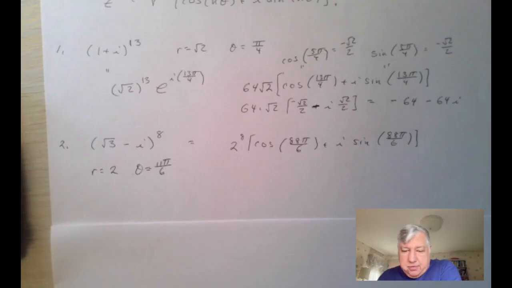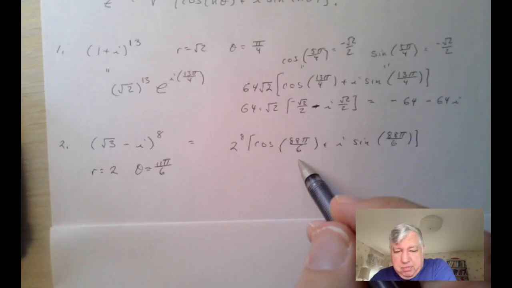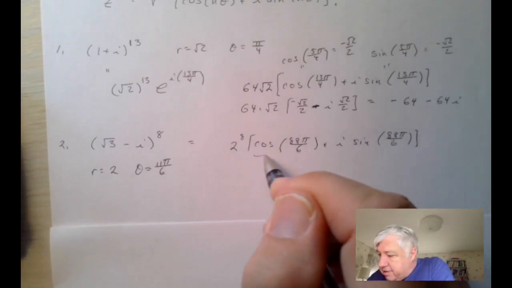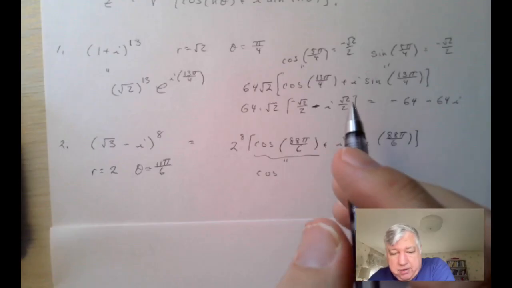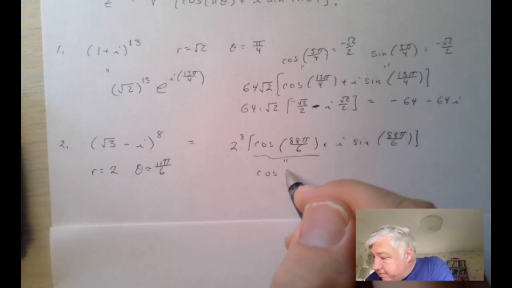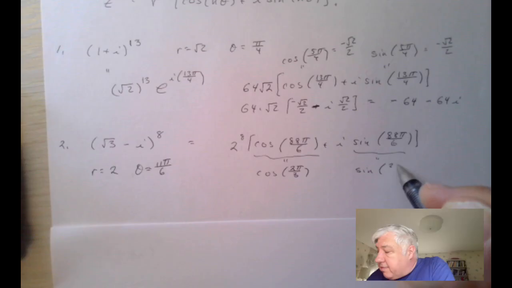And then this actually is going to be, you can actually reduce this by subtracting multiples of 2 pi, and this is going to actually be equal to the cosine of 2 pi over 3 I think. And this is going to be equal to the sine of 2 pi over 3.